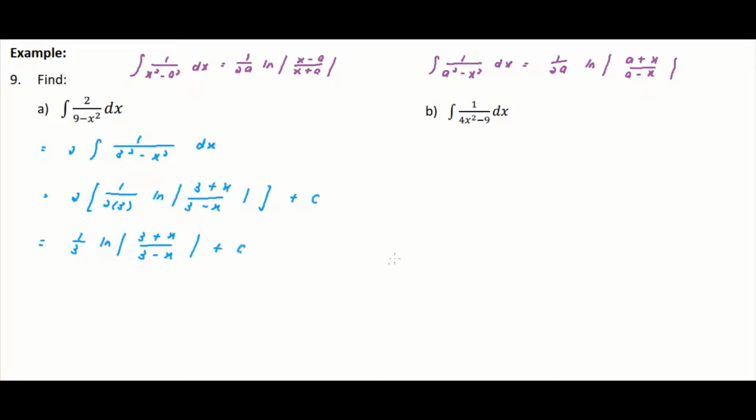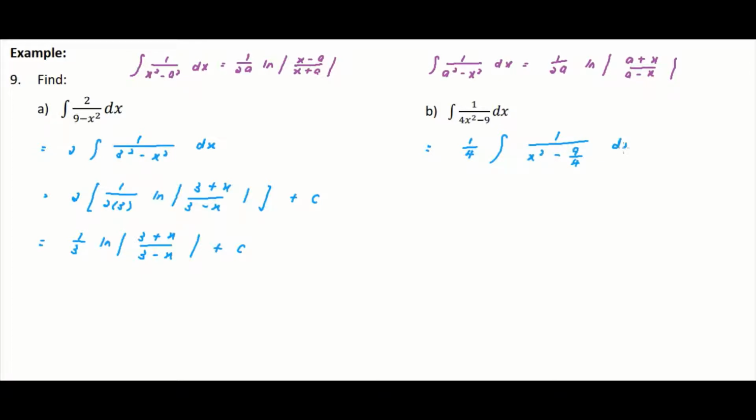Okay, as simple as that. Let's move on to B. For B, you can realize that the coefficient for x squared is not 1, it's 4. So the first thing we need to do is the factorization first as well. So 1 over 4, then I have 1 over x squared minus 9 over 4.